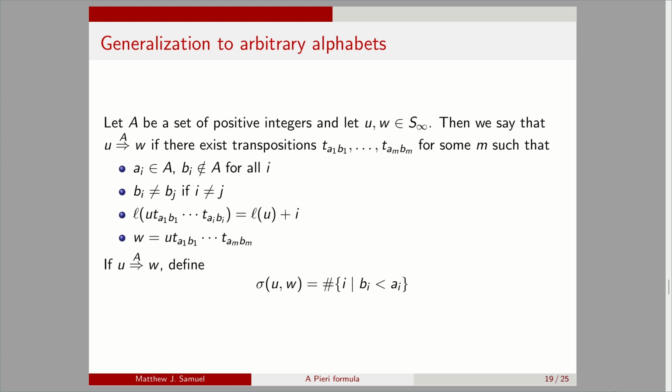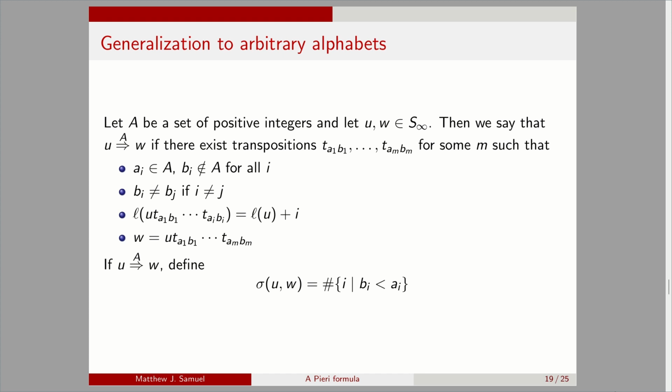Then we define this arrow relation, u arrow A of w, if there exist transpositions, similarly to the other Pieri relation, such that the condition now is that a_i is in A for all i, and b_i is not in A. So this specializes, if A is an initial interval, to the original Pieri relation, and the conditions are the same otherwise. b_i is not equal to b_j if i is not equal to j.